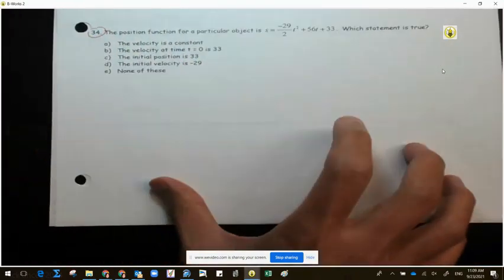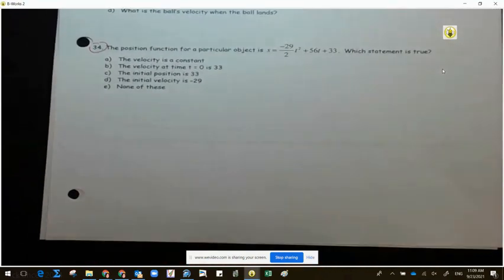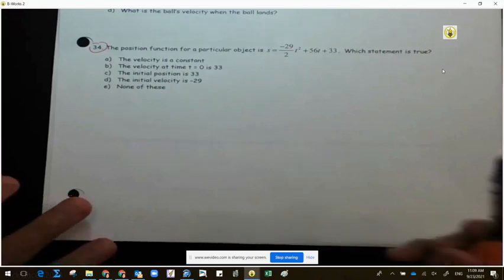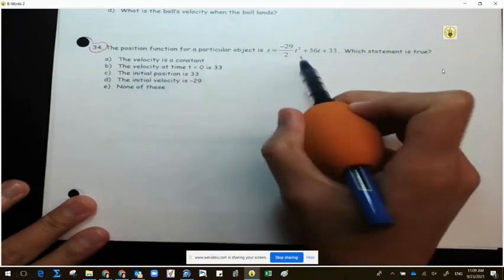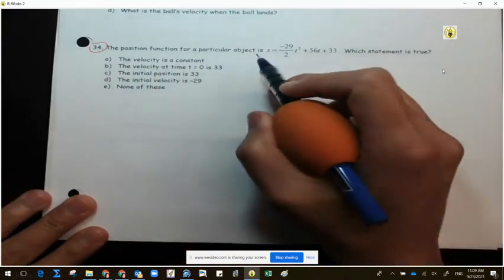All right, number 34. Gianta, let's read number 34, the last one, please. The position function for a particular object is s equals negative 29/2 t squared plus 56t plus 33. Which statement is true? Okay, so the fact that A and B are asking about velocity, we have to find the prime of this one.